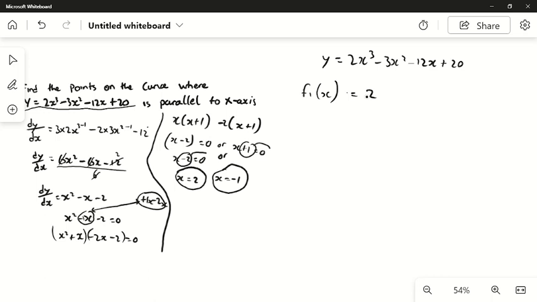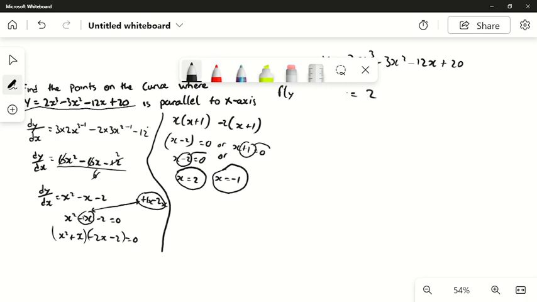I want to analyze this so that you will not have issues. So we can say f of x where x is equal to 2.